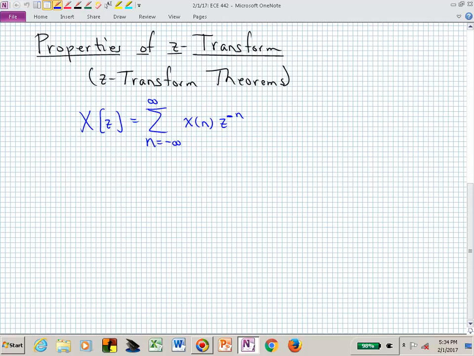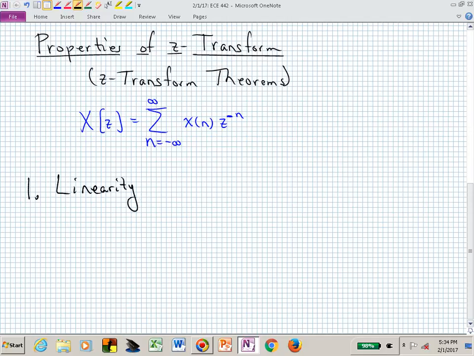Z is a complex number, and we know how to make some of those geometric series converge by looking at this common ratio, and that then gives us our region of convergence. But what we want to talk about now are some of these theorems that might allow us to obtain a result quicker than not.